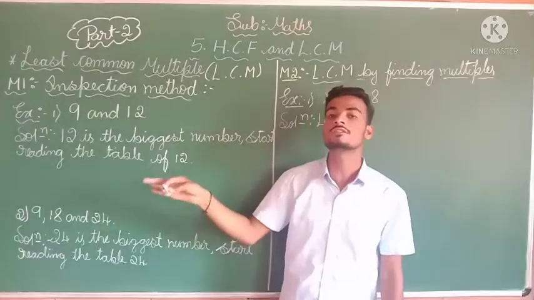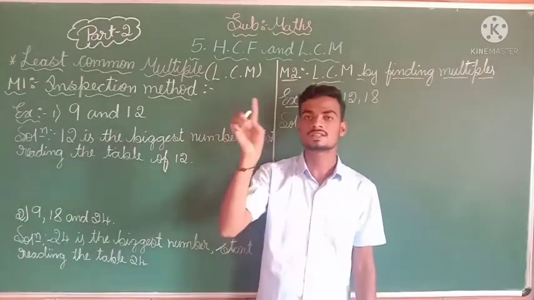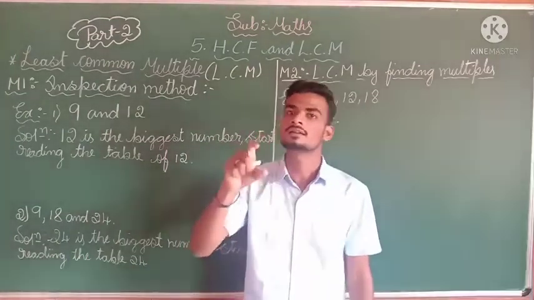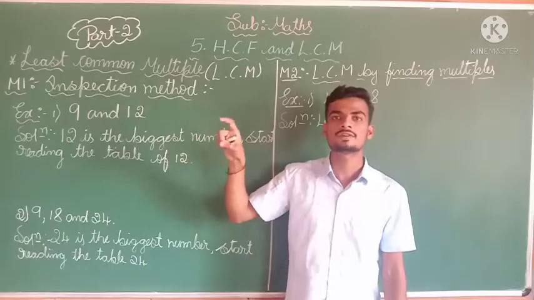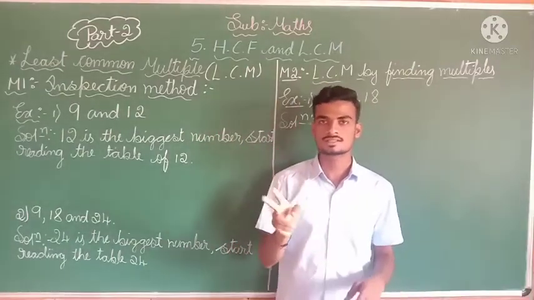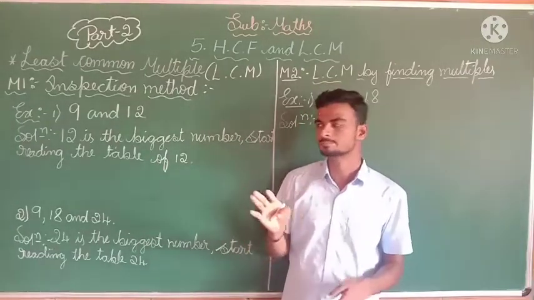But here we want to find the least common multiple. In HCF we find the highest number, and in LCM we find the smallest number. Only this is the difference between HCF and LCM.